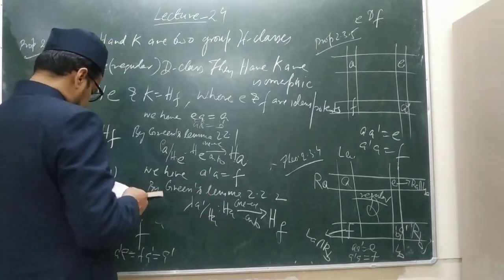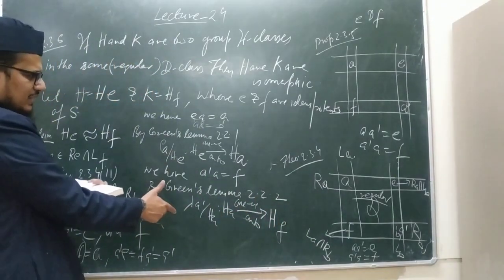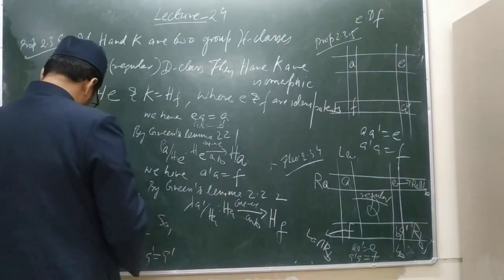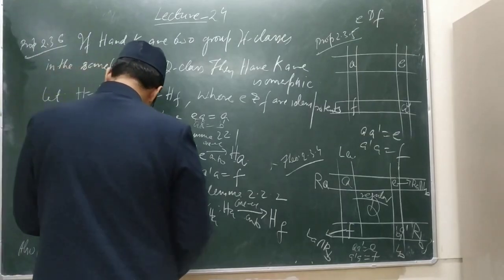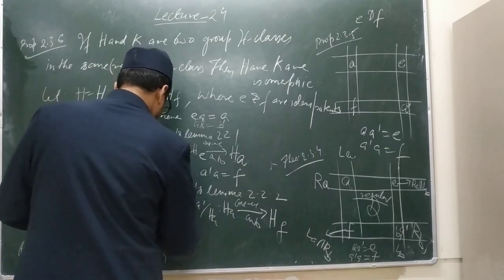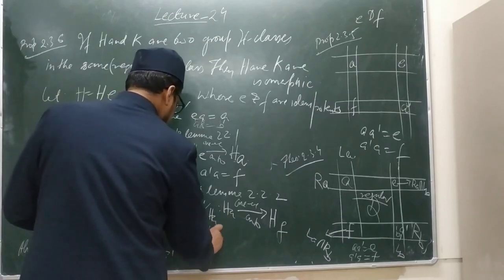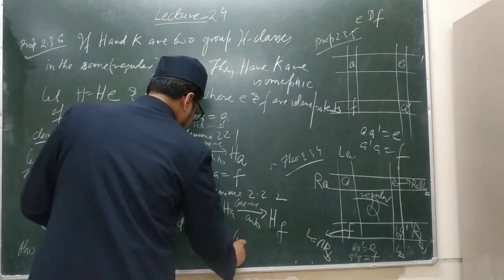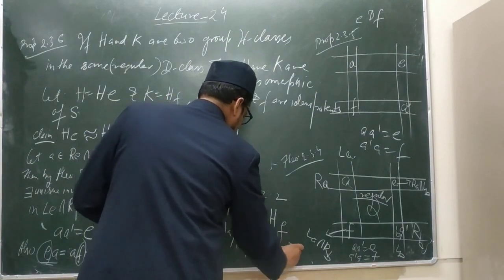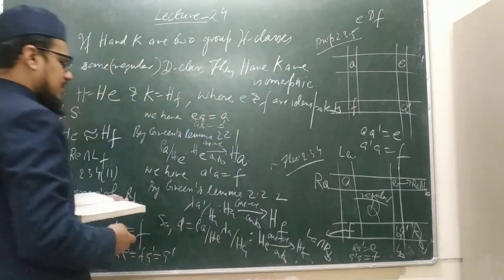Now you see it is a mapping from HE to HA, and this is a mapping from HA to HF. So the composition of mappings will be from HE to HF. So phi is equal to rho A by HE into lambda A by HA. This is a composition map from HE to HF, a 1-1-on-2 map.